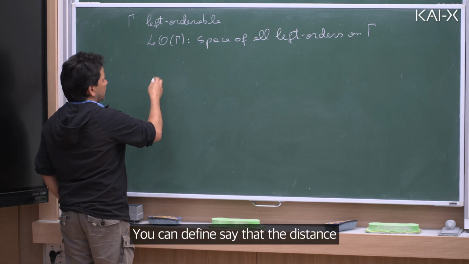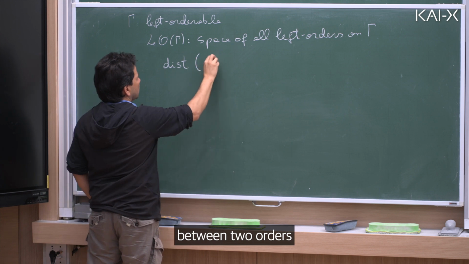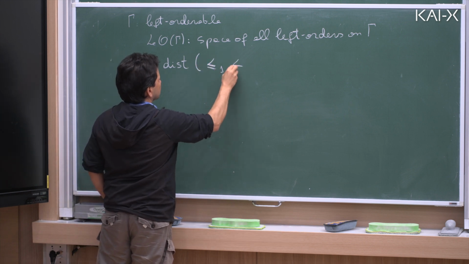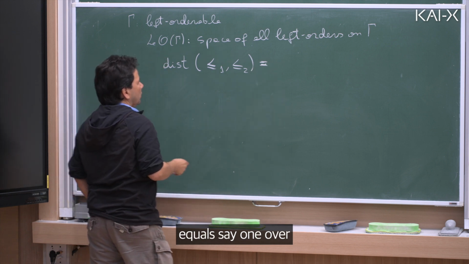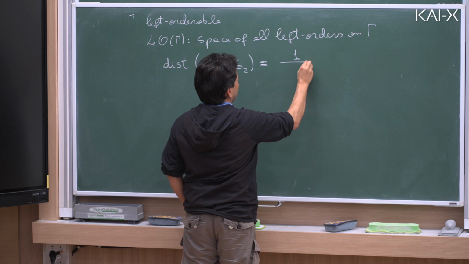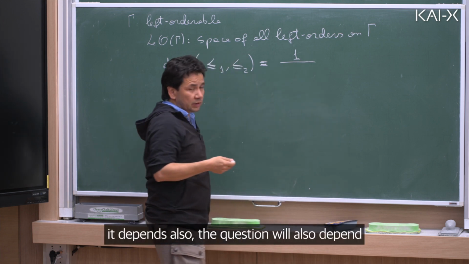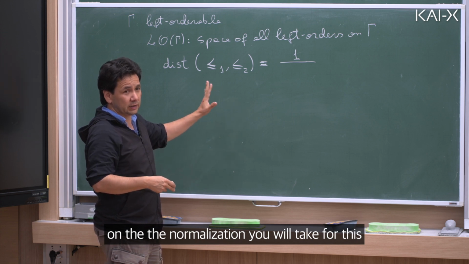You can define, say, that the distance between two orders equals, say, 1 over, it also depends on the normalization you will take for this.